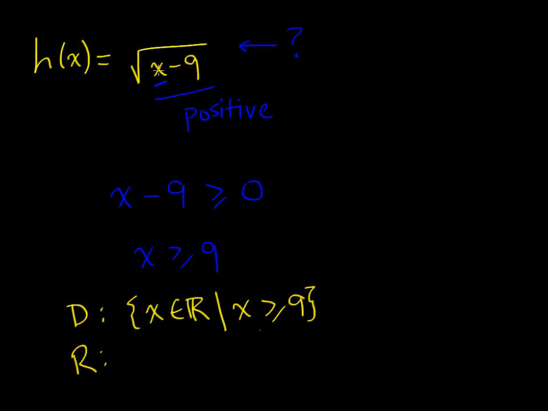If we pick any x value greater than 9, we're going to have an answer that is greater than 0, because 10 minus 9, for example, if we take the square root of that, we get 1. So we're going to have numbers that are greater than or equal to 0 for the range. So here we're going to have y is any real number, but the y values have to be greater than or equal to 0 in order to work.